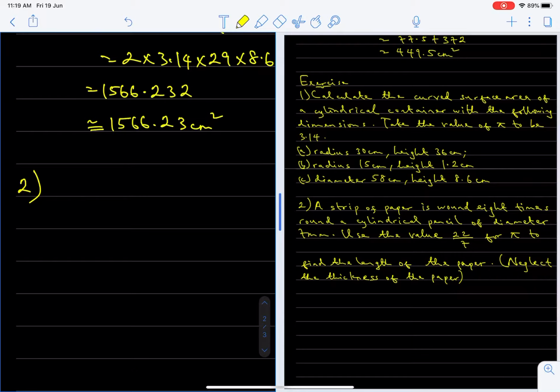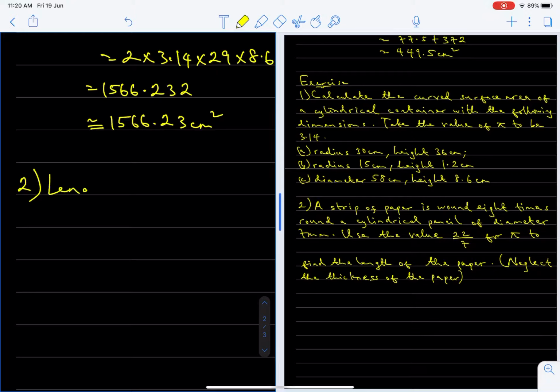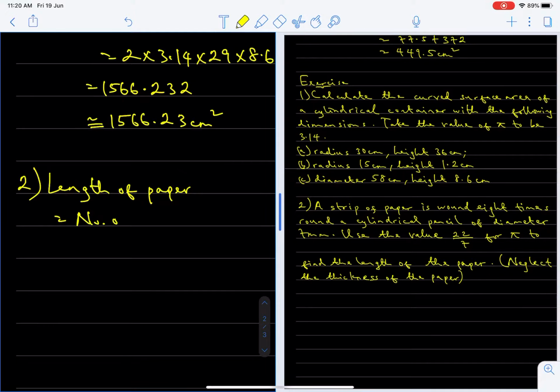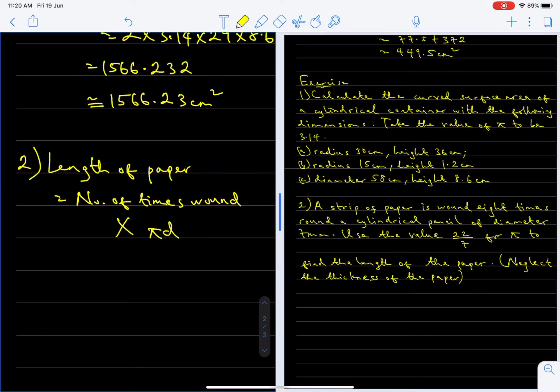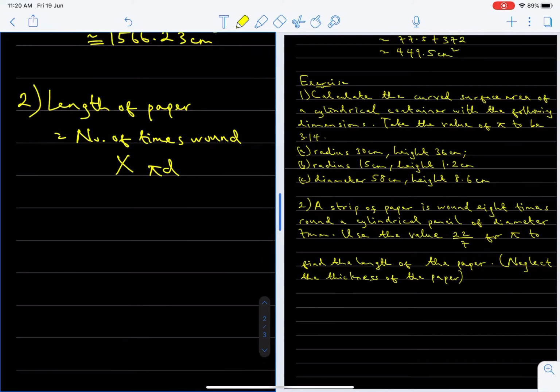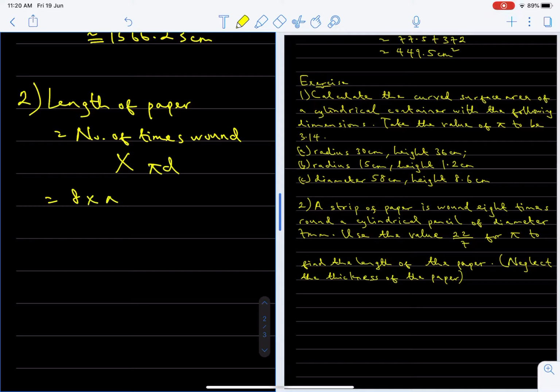So let's go. Length of paper equals number of times wound multiplied by pi d, which is the circumference of the round body of the pencil, and that's going to be equal to 8 times pi d.